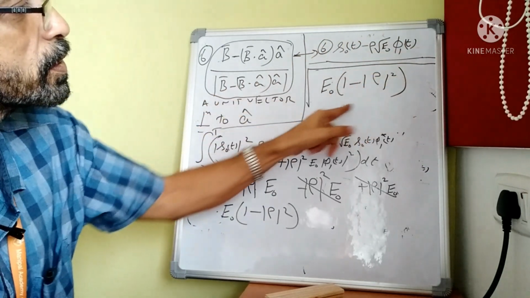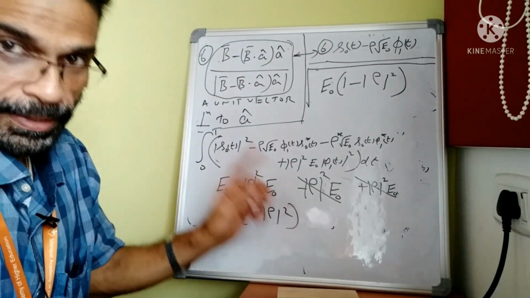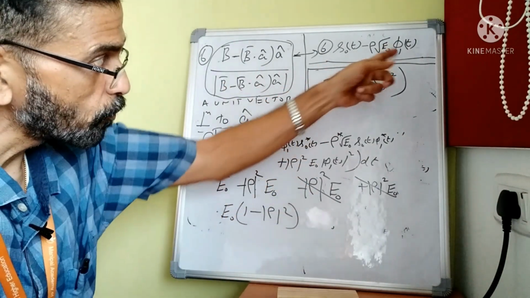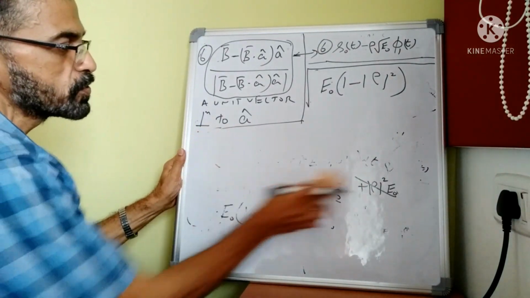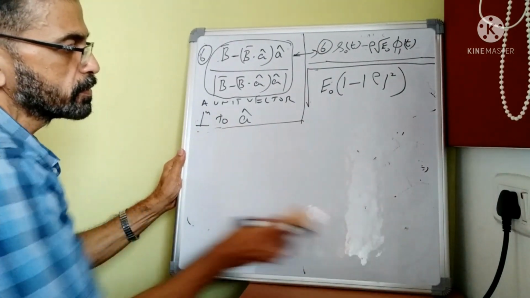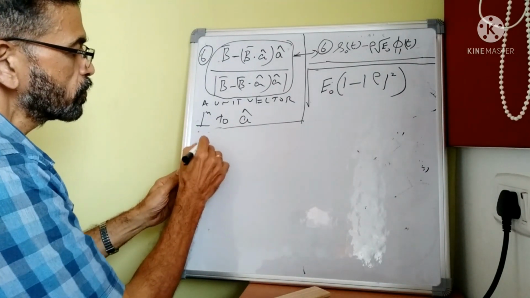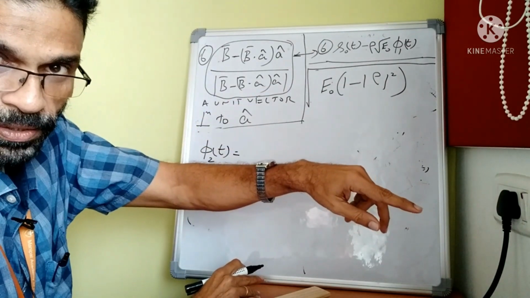Now this will be a signal of unit energy and it will be orthogonal to phi 1(t). That means phi 2(t) will be the second entry in the set of bases.